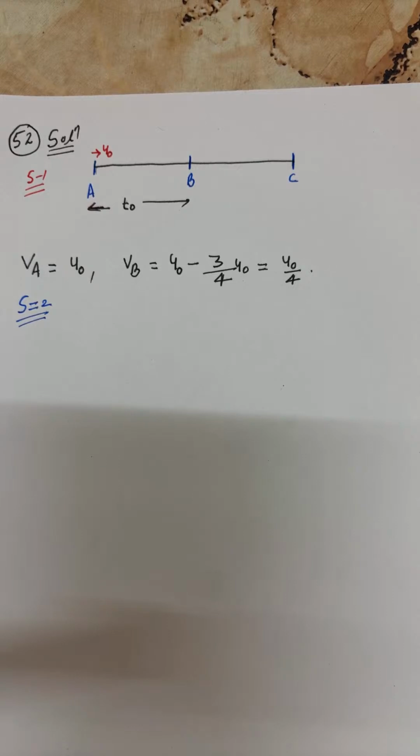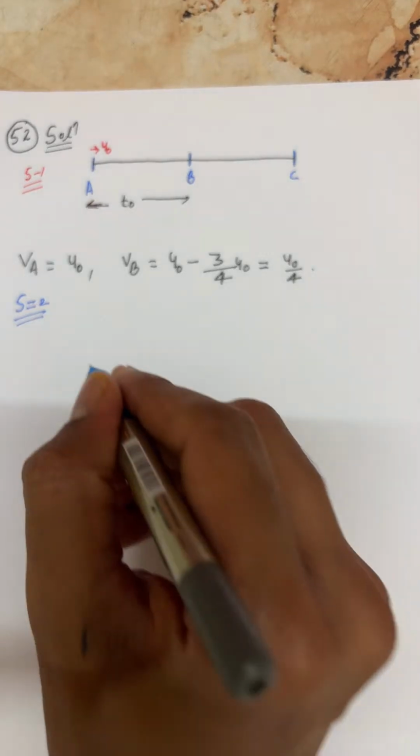Second, s equals ut plus half at square. Third, v square minus u square equals 2as. My kids, you can apply these formulas anywhere if acceleration is constant. In this question, it is directly mentioned that acceleration is constant.